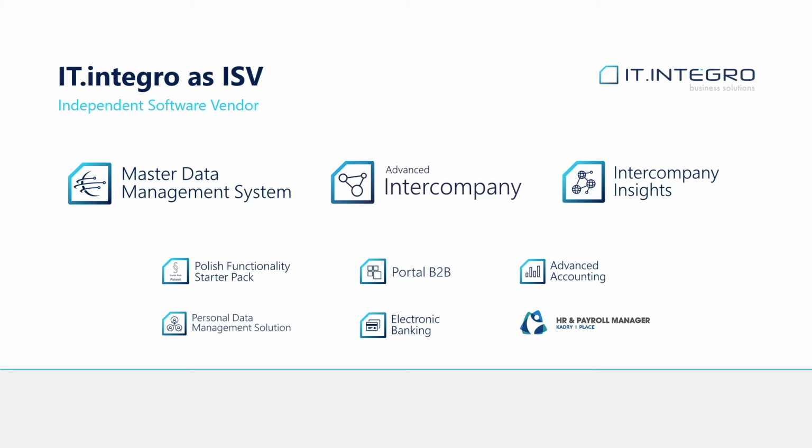Three of them can be called together global apps, because they are dedicated to the same target market of global multi-company organizations, and two others are advanced intercompany, the solution to provide quite comprehensive support for the intercompany processes within Business Central, as we see that the same functionality that is provided within the standard is typically not sufficient for intercompany processes, and enhancements are typically needed by the customers.